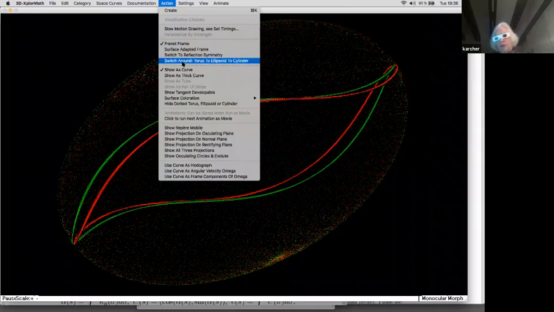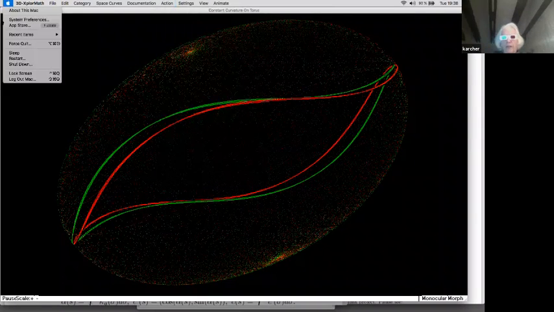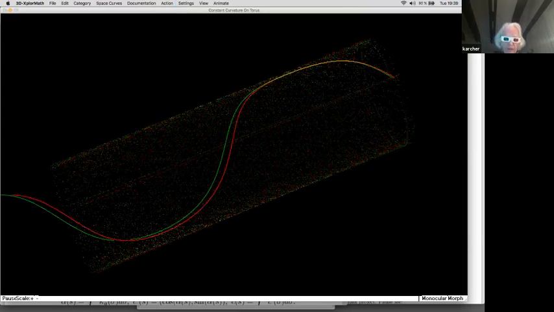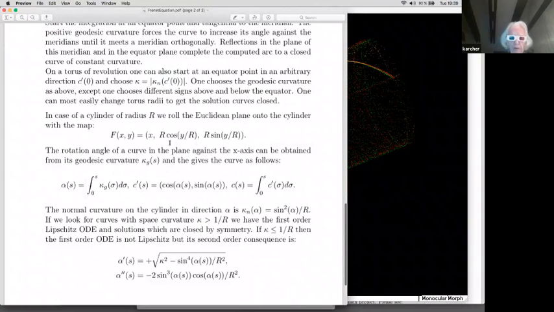And you see, this is an ellipsoid of revolution, and we have a similar up and down oscillating curve around the equator. And finally, on the cylinder, we also have this.